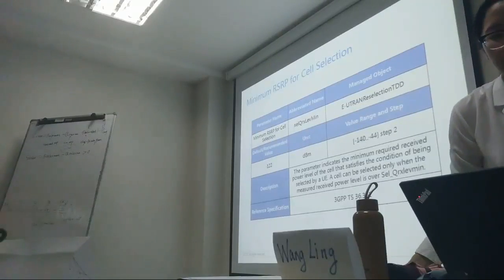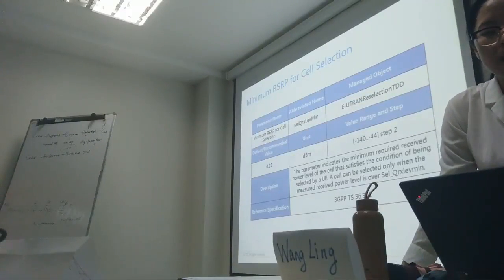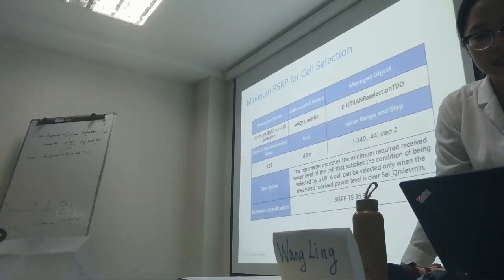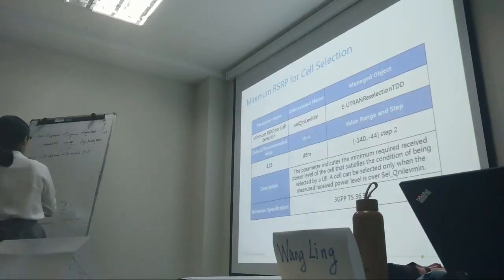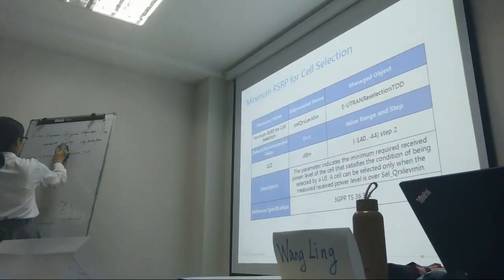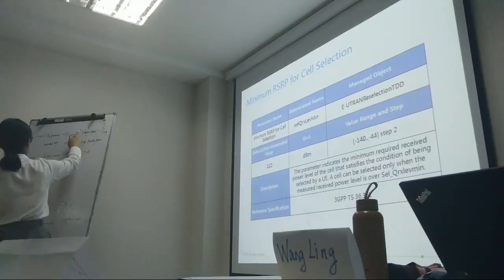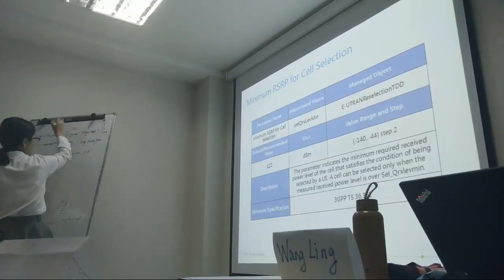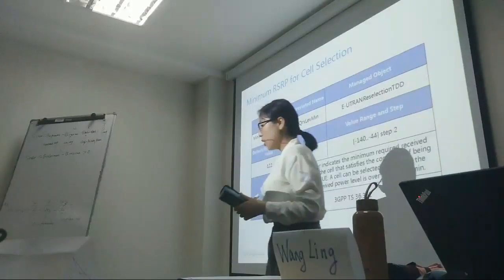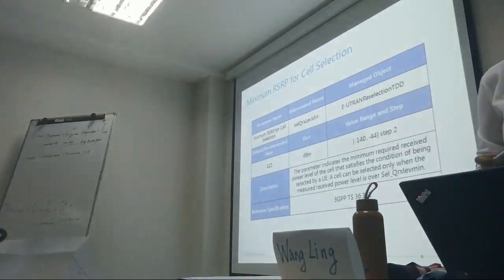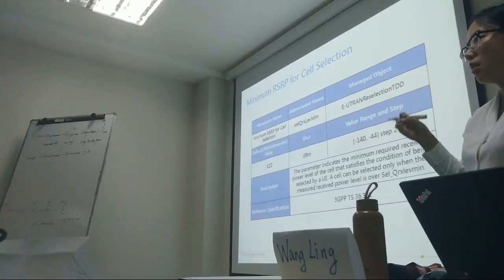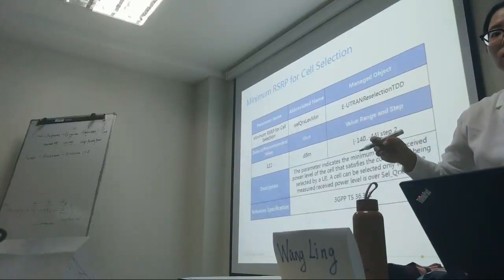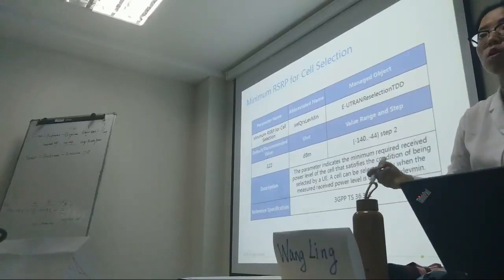If we set this minimum SRP for cell selection as minus 122, this is the minimum. If this value is set greater, it requires the network to have good coverage, and we cannot select this cell so easily.